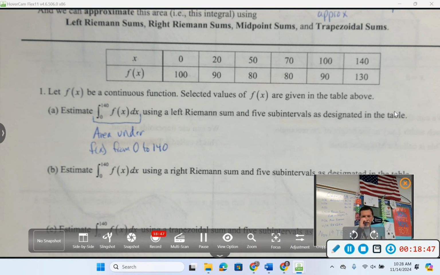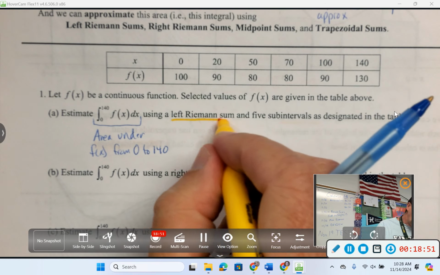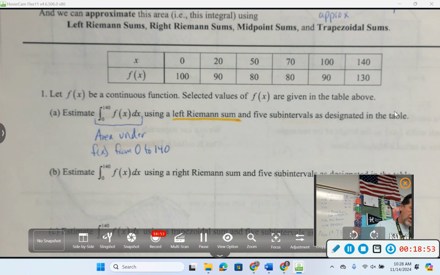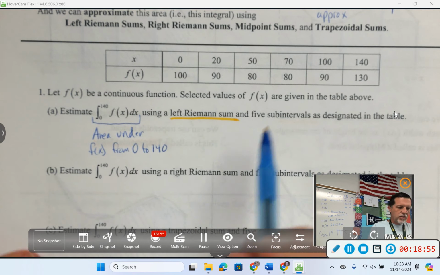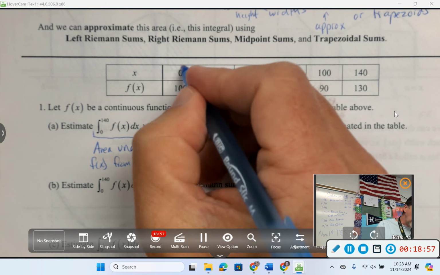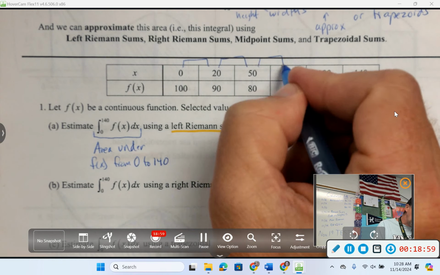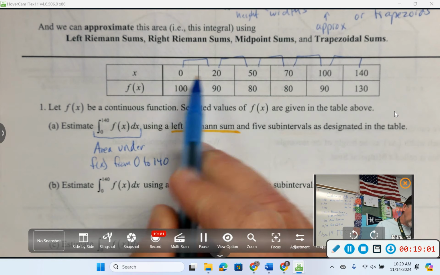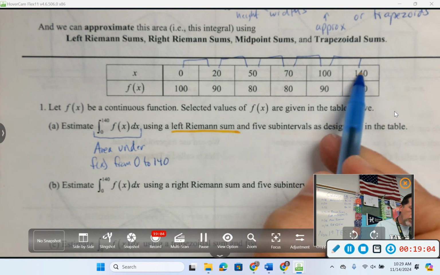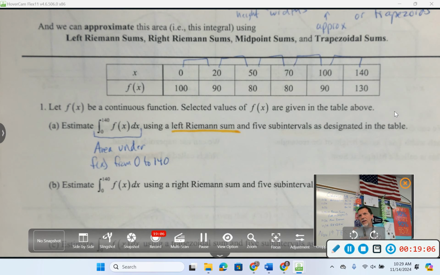So estimate the area using a left Riemann sum, 5 subintervals, which you start looking at the table and you're like, oh, yeah, that's 1, 2, 3, 4, 5. So there's 6 points there, but 6 points make 5 intervals.